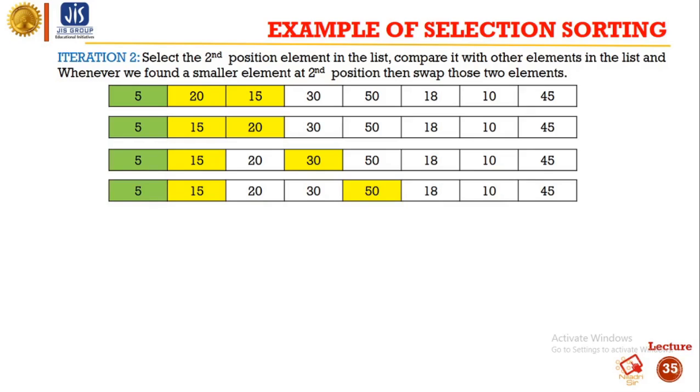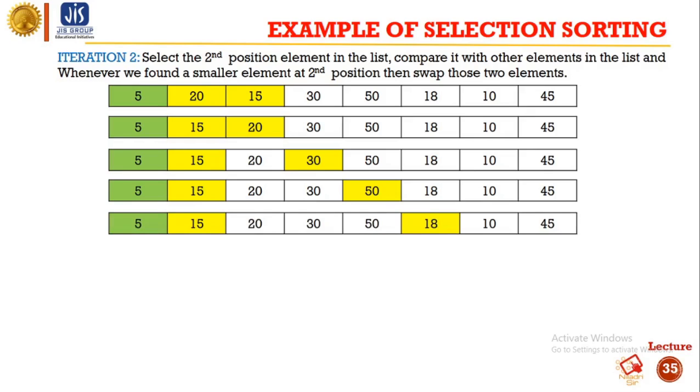Here also 50 is greater than 15, so there is no swapping. Next, 15 will be checked with 18. Here also it is the same thing: 18 is greater than 15, so there is no swapping.